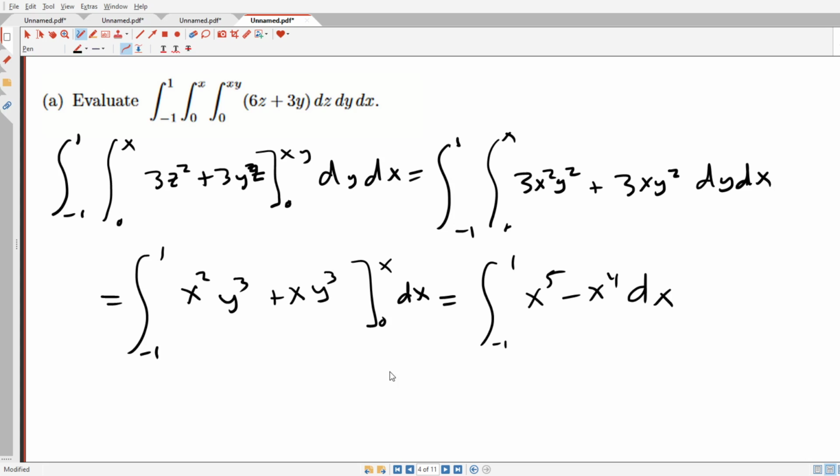The integral of x to the 5th, since this is an odd function, is going to be 0. So that's just going to be minus 2 times the integral from 0 to 1 of x to the 4th, equals minus 2 over 5.